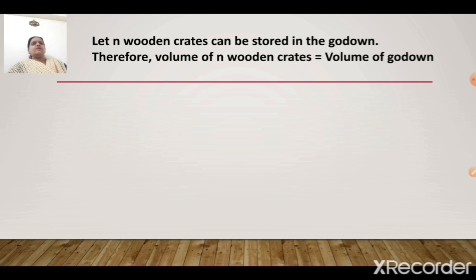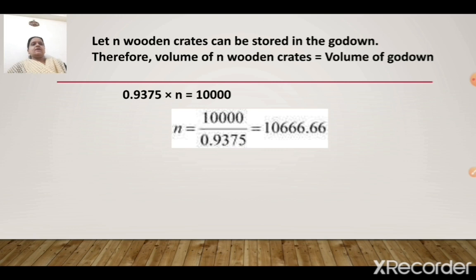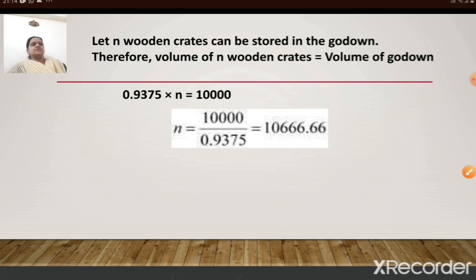Therefore volume of n wooden crates equal to volume of godown. That is n into 1 wooden crate equal to volume of godown. Therefore the volume of 1 wooden crate, we got it here as 0.9375 into n equal to 10,000.